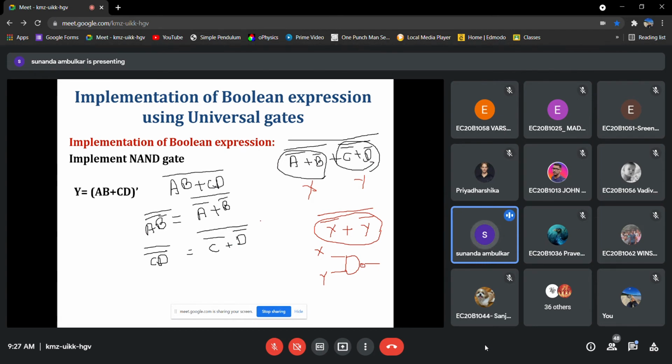Here x and y are a bar plus b bar, and c bar plus d bar. So x will be this, a, b, and cd will be the same.